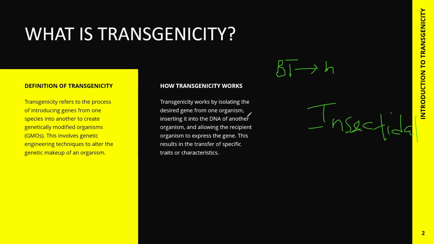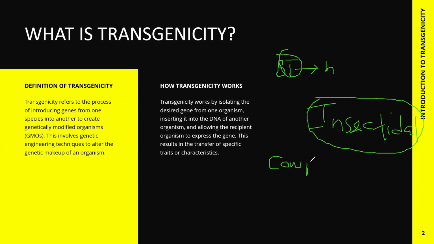And of course, we know that a lot of insects are destroying our crops. So what scientists did is isolate this insecticidal gene from the BT bacteria, and then introduce that gene into another organism. And a typical example of the organism that this insecticidal gene was introduced into is cowpea.